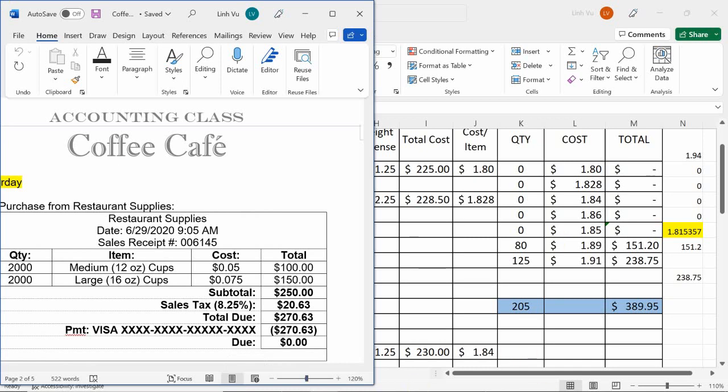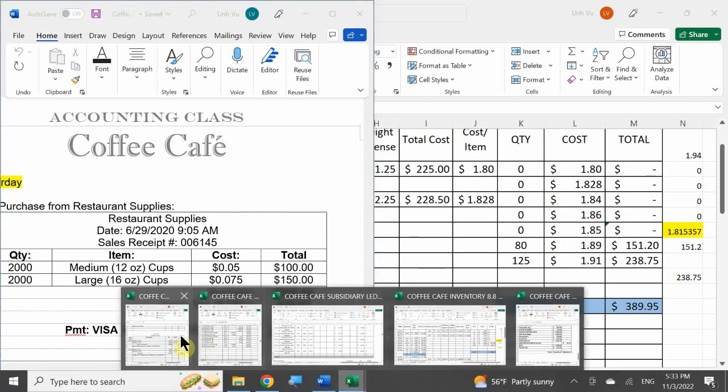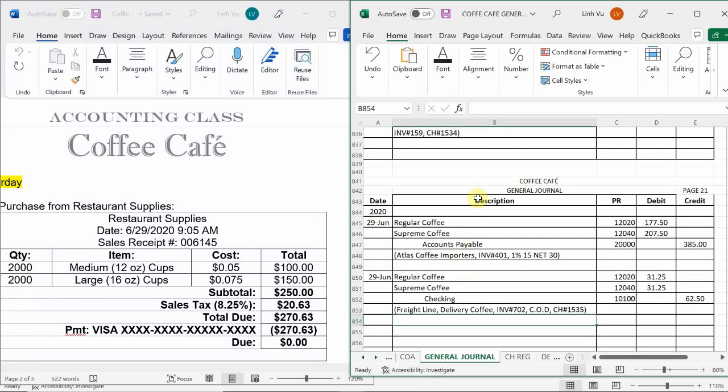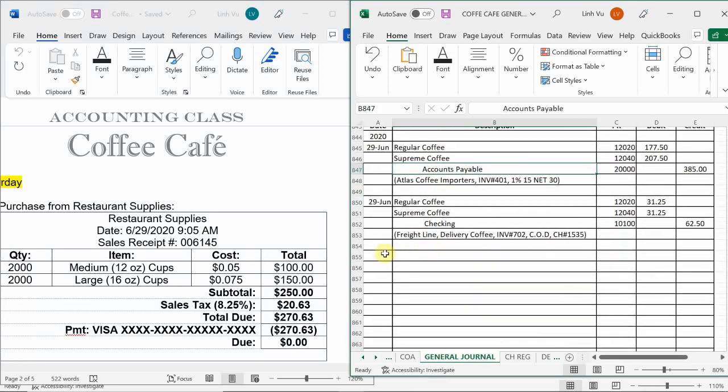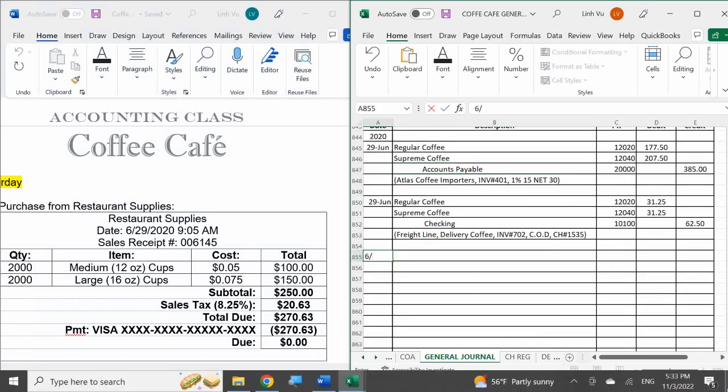So if you remember this one we had to split the tax 8.25% to the coffees. So in this case, we got medium coffee cups, and then we got the large coffee cups, and then we paid with our Visa payable, right, with our business credit card.